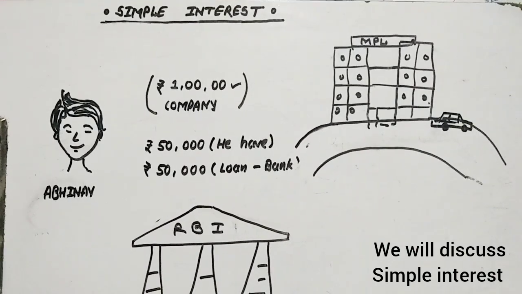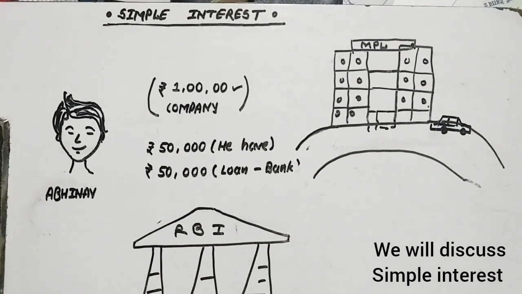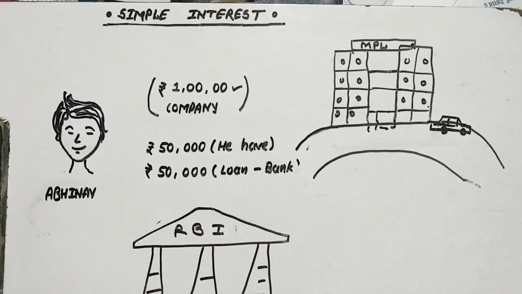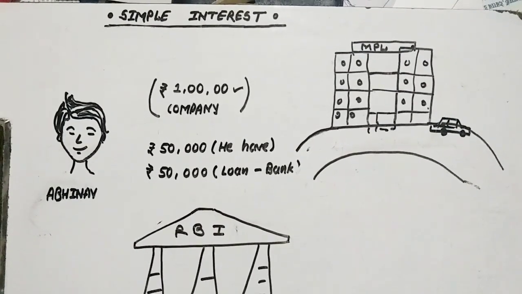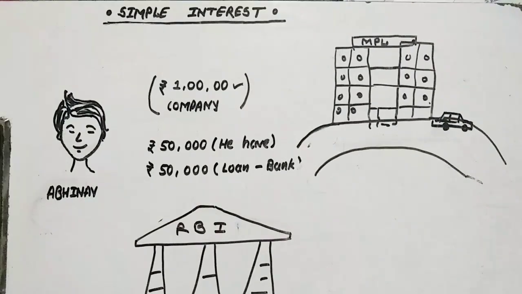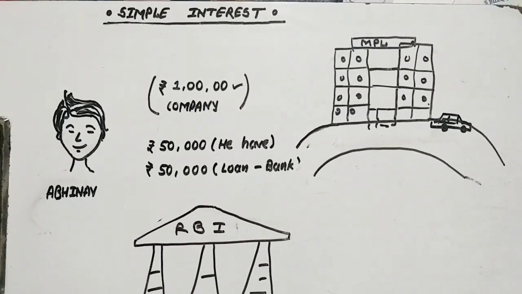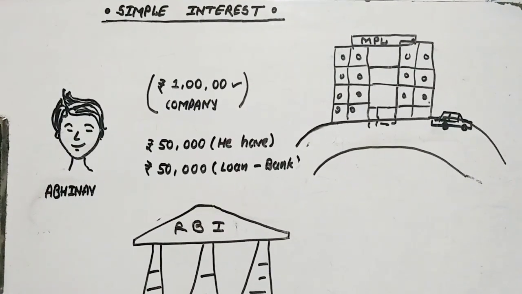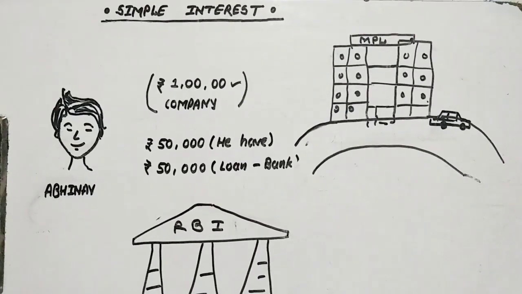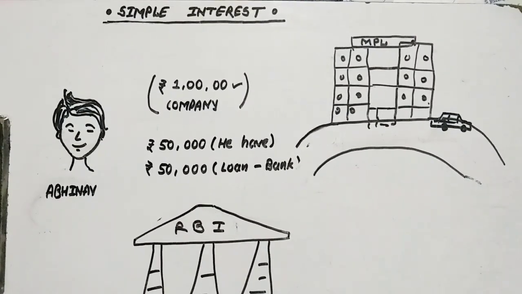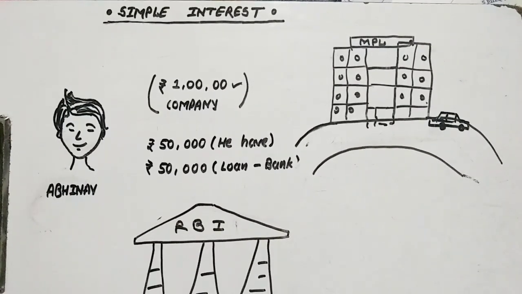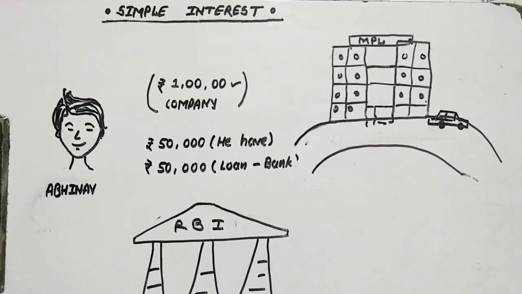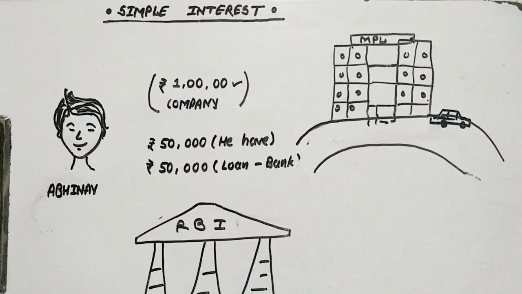We have always heard about principal value, rate of interest, time, simple interest, and amount. Today we will understand the definitions of simple interest, principal, rate of interest, and time, and which types of questions were asked in previous exams.